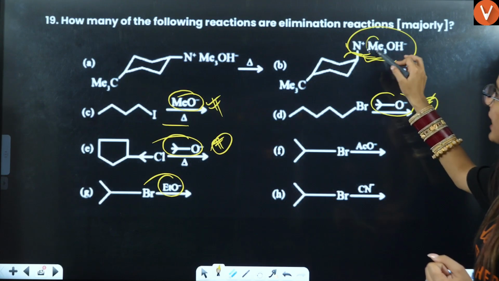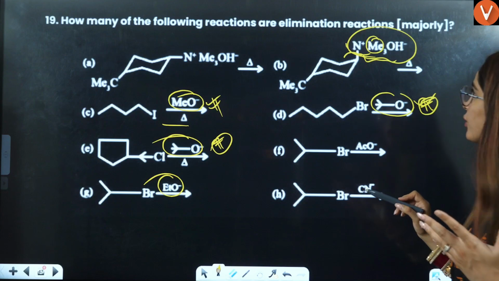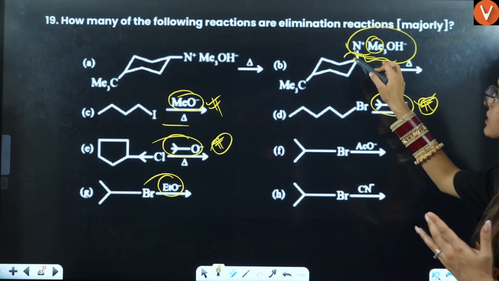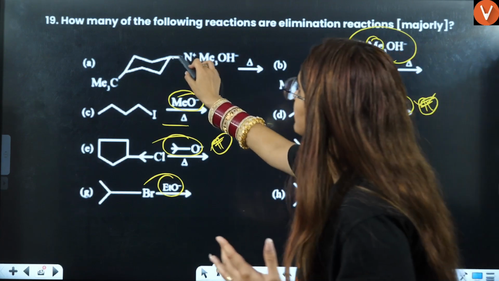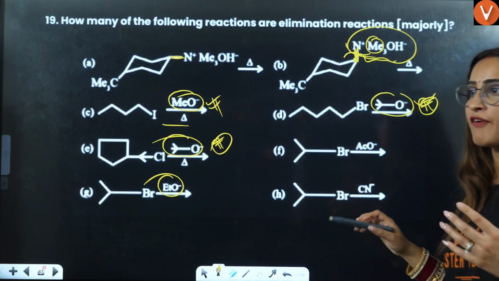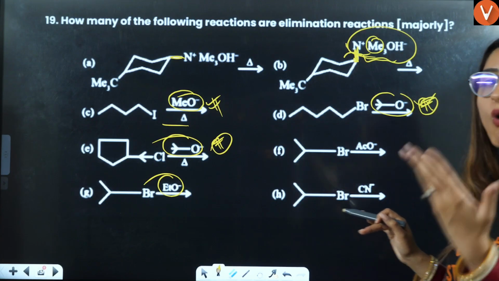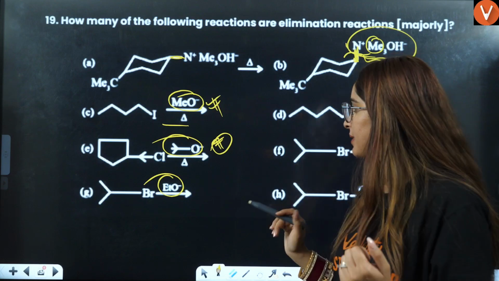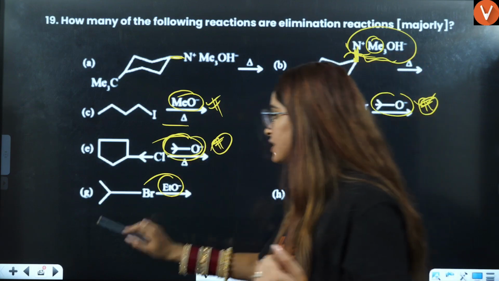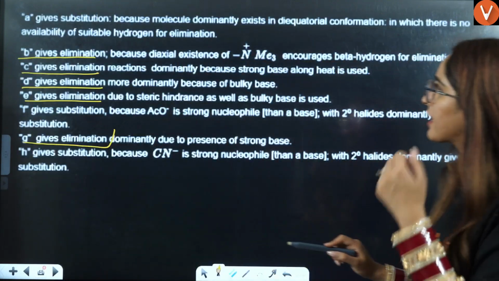Here, because of the Me3, three plus-side donating groups here, and moreover, it is on this position, not on this position, that is why, because of the steric factor, this position shows elimination reaction, which is more sensitive towards elimination reaction. This is also heavy, that is why it will show the elimination reaction.